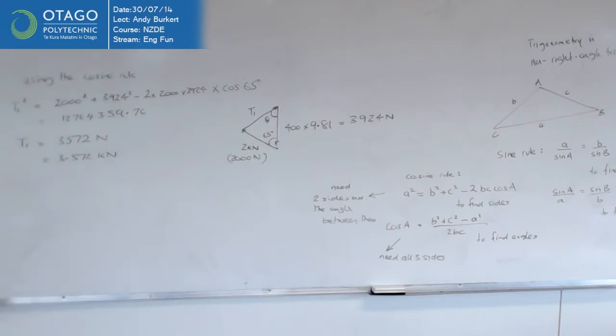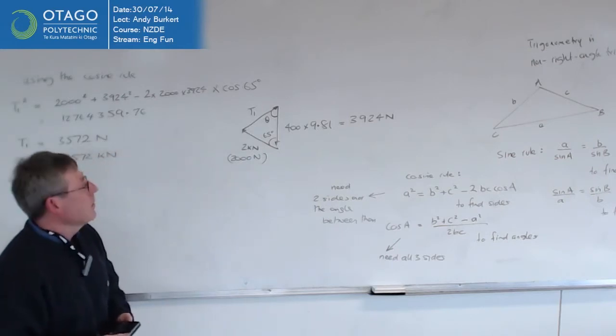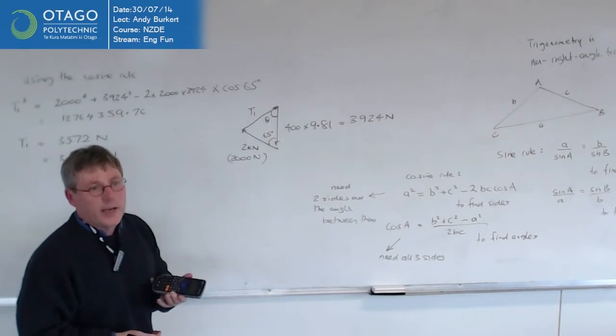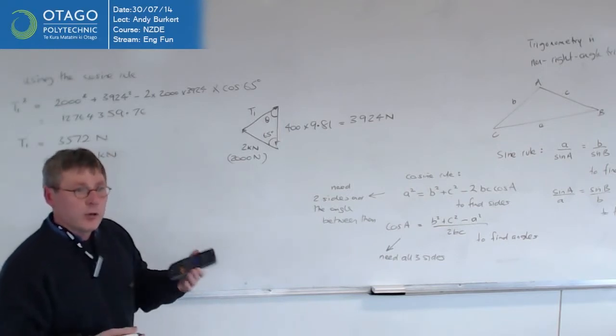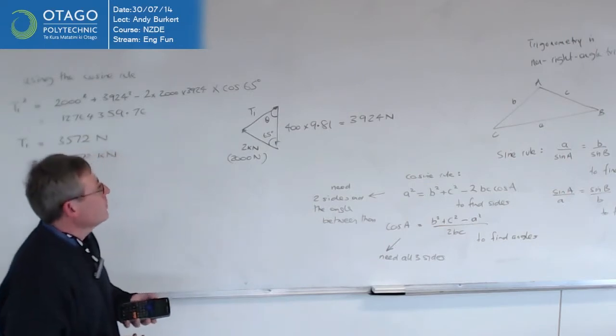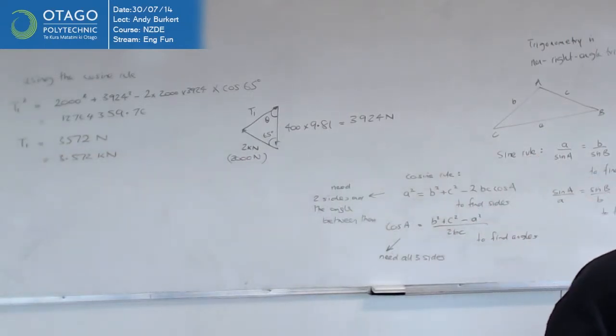Okay, so we can use the cosine rule in our triangle of forces to get that. Now we want to find this angle theta. Now, I've worked out the third side, so I could use the cosine rule to find the angle, but that's a rounded answer, so it'd be better to use the ones we've already got.